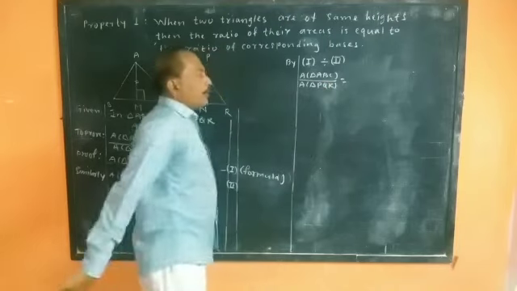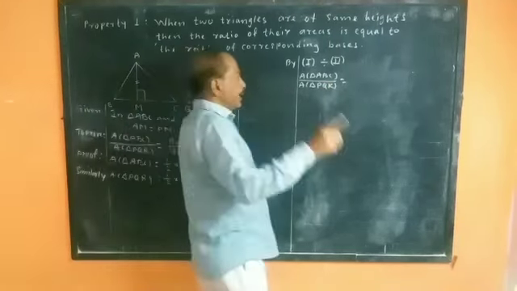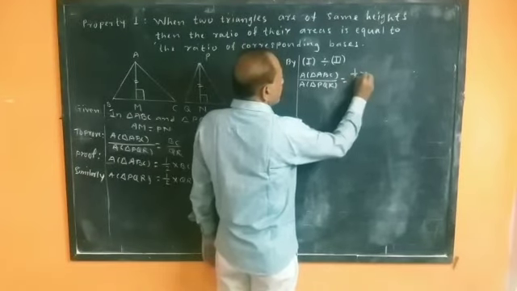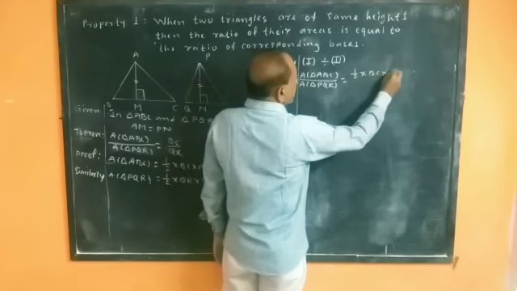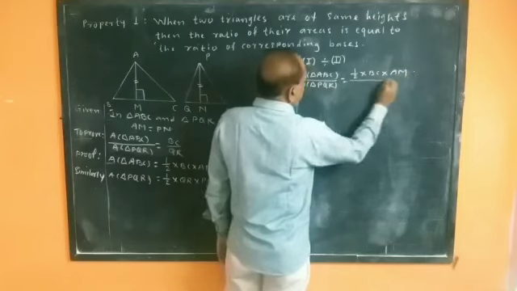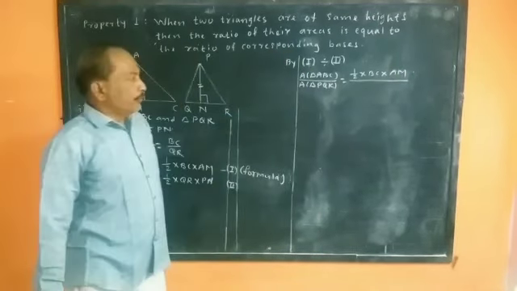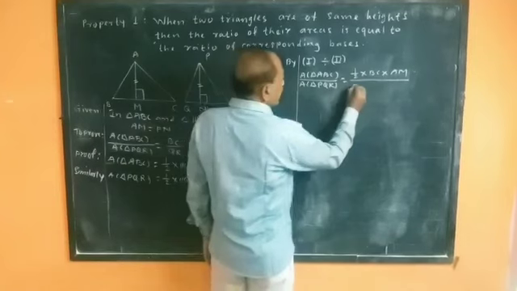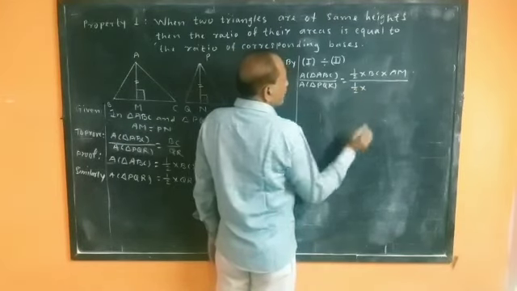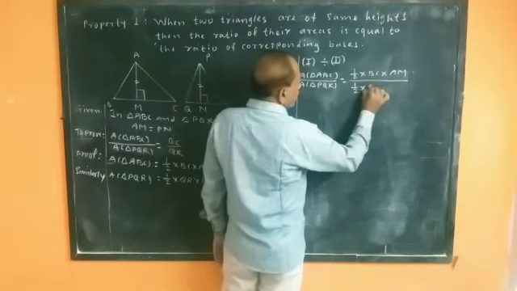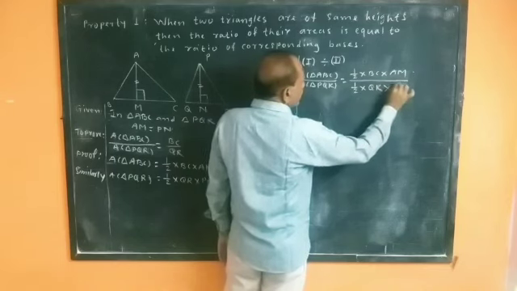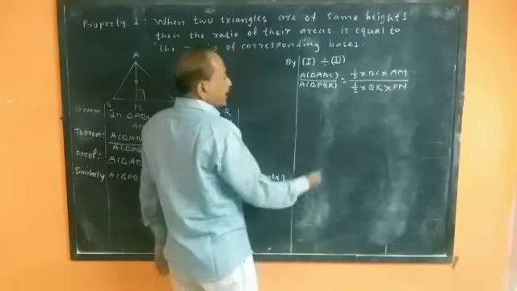The value of area of triangle ABC is 1/2 BC into AM, and the value of area of triangle PQR is equal to 1/2 into QR into PM.